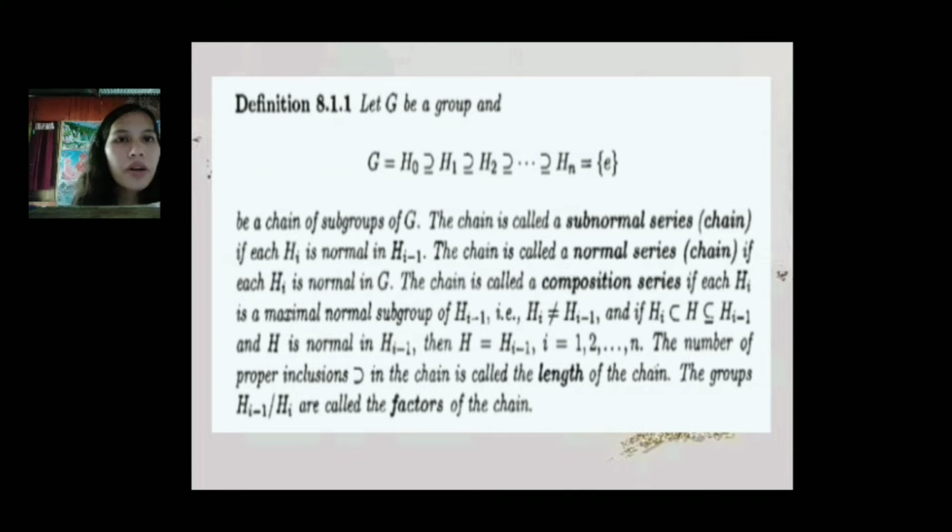The number of proper inclusions in the chain is called the length of the chain. The groups H_{i-1}/H_i are called the factors of the chain.